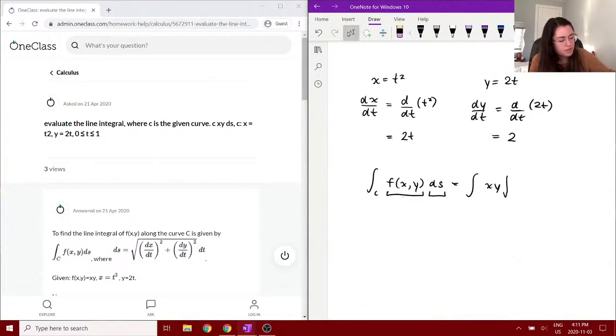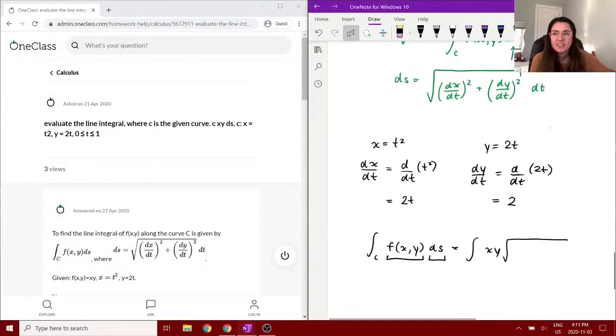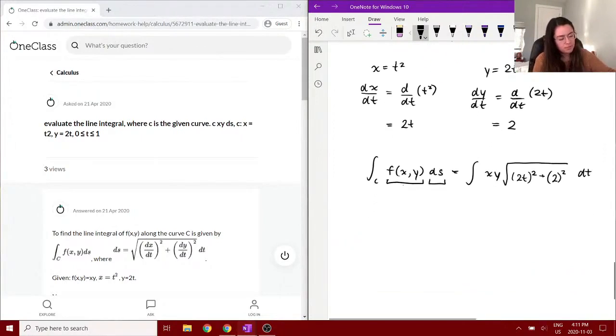So that's the square root of, I'm just going to keep this showing so you can see. Hopefully they're not cutting it off. We have the derivative of x, which is 2t, found up here, squared, plus the derivative of y, which we found here, to be 2 squared, by dt. Okay? But we have to remember about the bounds. Here it's undefined.